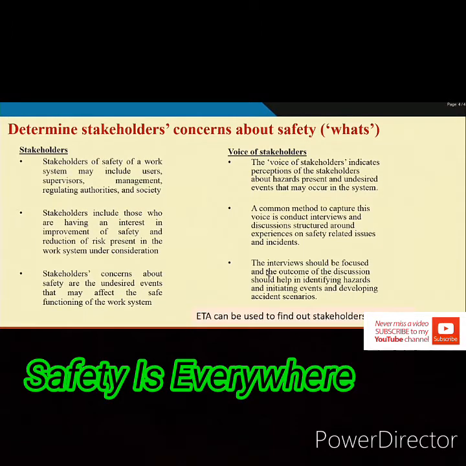So it is basically stakeholders, who the stakeholders are and what the voice of stakeholders is, and accident scenarios. You have seen earlier that an event tree is used to find out the accident scenarios given the center event or top event is known. This center or top event will come from the hazards.